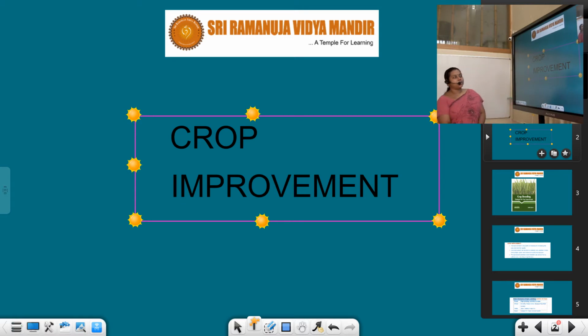In the last class, I completed the different steps involved in agriculture practices. Altogether 7 steps I explained: preparation of the soil, sowing of the seeds, adding manure and fertilizers, and the fourth one is irrigation, followed by the removal of the weeds, harvesting, and the final step is storage.